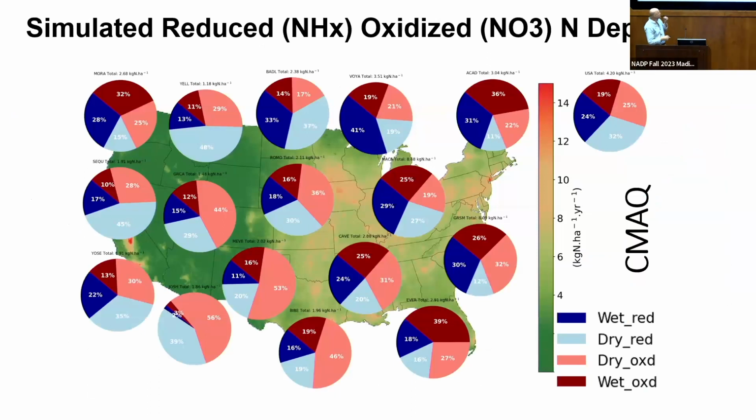And we can see that here. This is a similar plot, but with CMAQ. If we start taking a look at this dry deposition, now it's 40% here in Joshua Tree. We're talking about 20%, 16% in Florida. But remember that big bias in the wet deposition? What's happened here is that our contribution from the wet deposition side is low, almost by 50%.